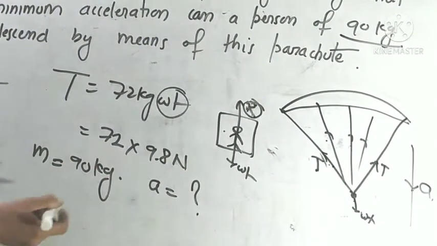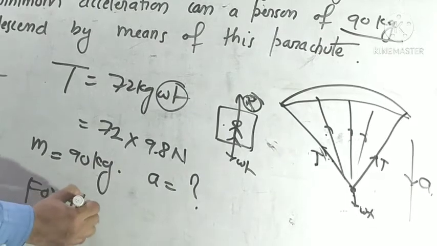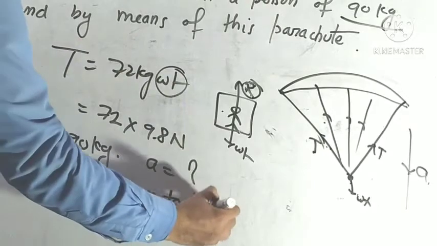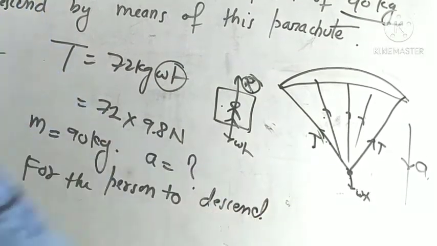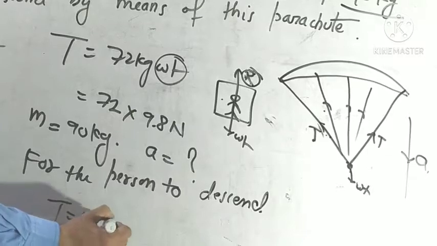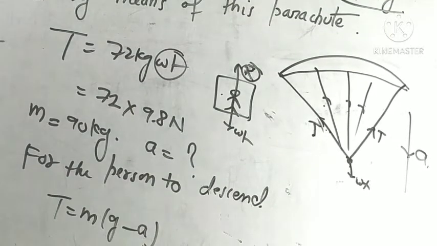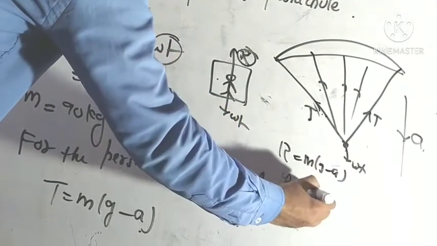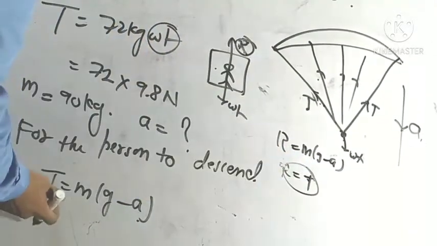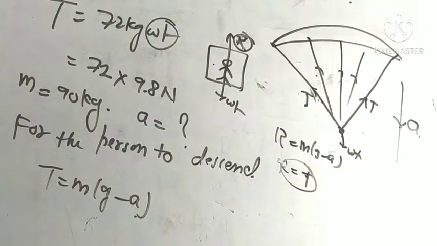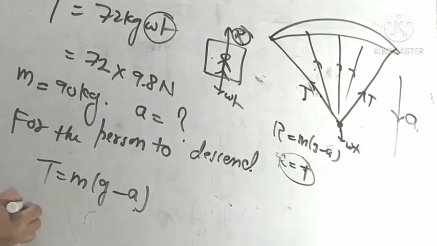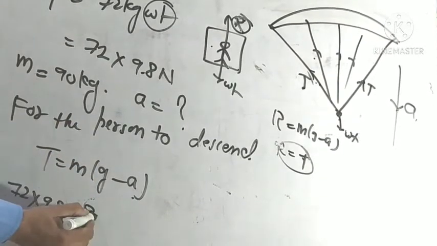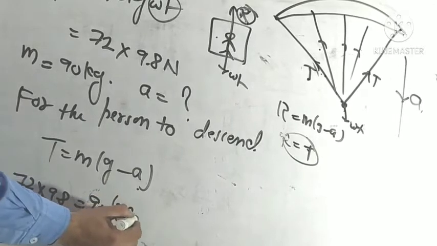So for the person to descend, T is equal to m(g minus a). We already know the formula R is equal to m(g minus a). Here R is equal to T, so T is equal to m(g minus a). We put all respective values here: 72 into 9.8, and the mass of the body 90 into 9.8 minus a.